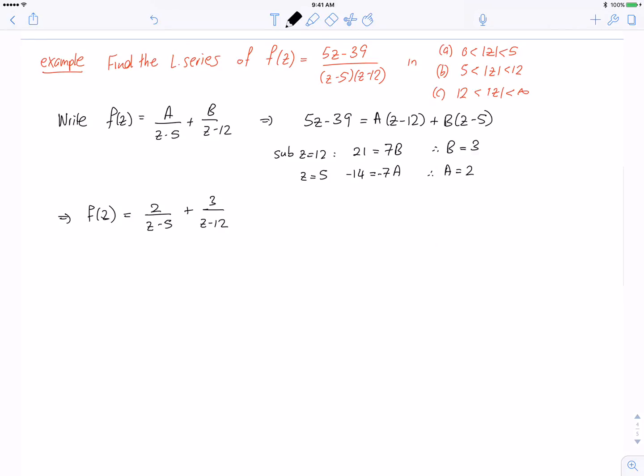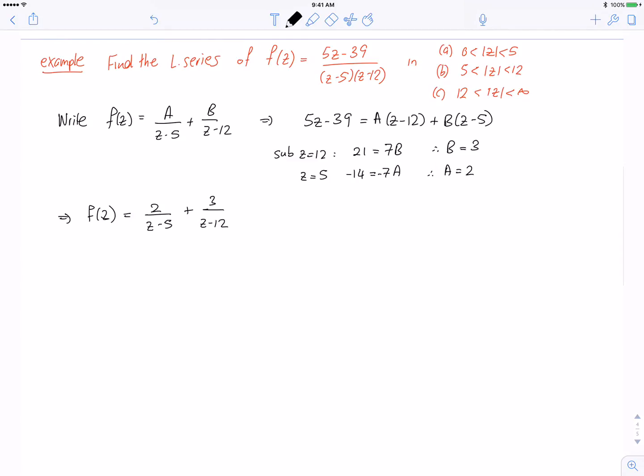Here, because I have z minus 5 and z minus 12 on the denominator, I can already see that I'm going to be taking that result from before and replacing z with z on 5, or replacing z with z on 12. So I may as well just go ahead now and rewrite f in terms of those two.